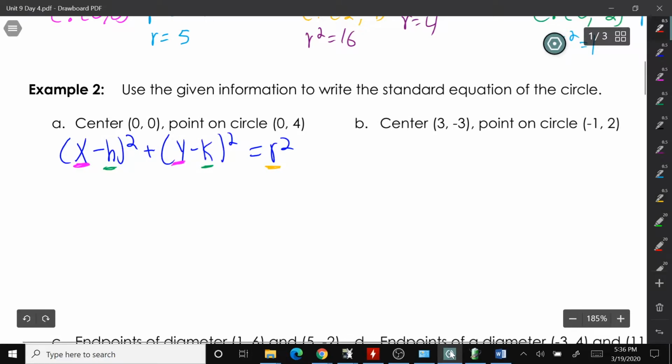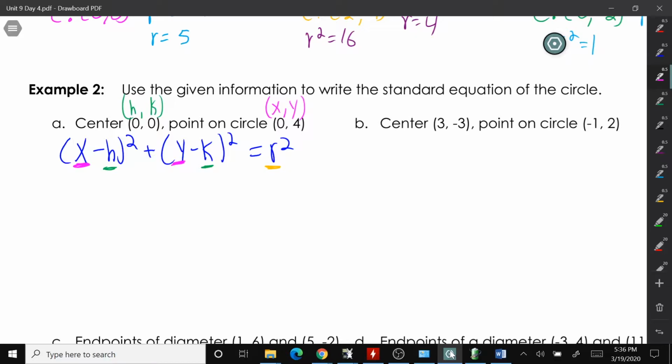Well, we need to figure out the radius here. We know that the center is at 0, 0, and we know that the point 0, 4 is on the graph. So what I'm going to do is plug in these values. Since the center is 0, 0, I'm going to plug that in for h and k, and plug in 0, 4 for x and y, because then I can simplify that to figure out what the radius is.